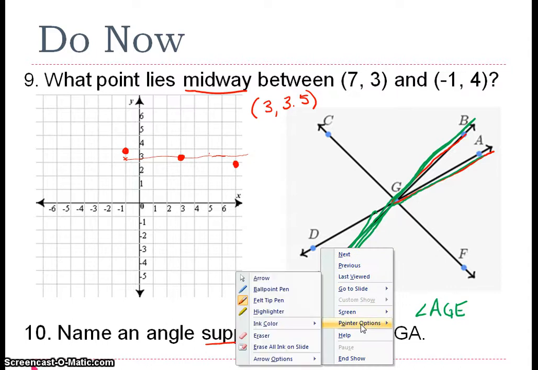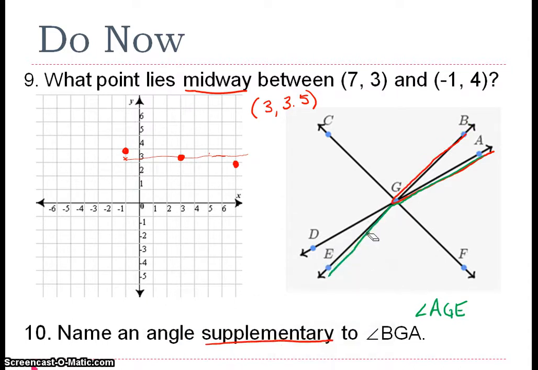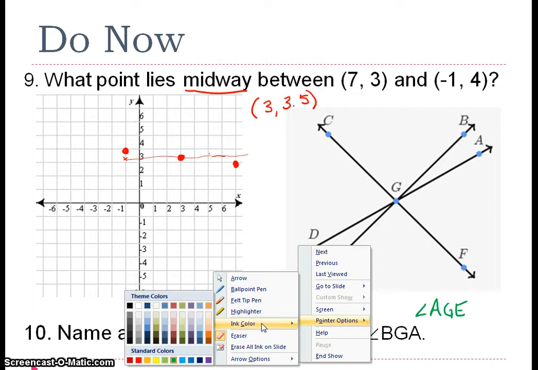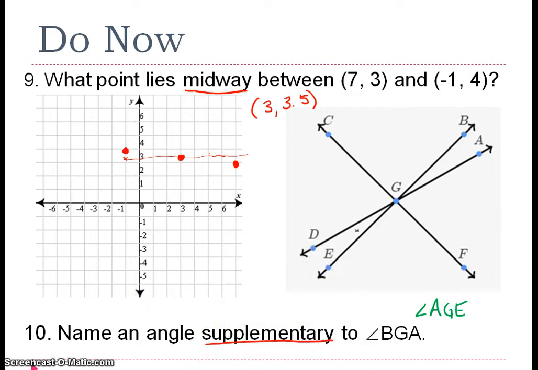There's one other one that we could be looking at here too. Alright, so we still have the angle BGA, but now instead we're going to look at this line that AG is on, this line right here.